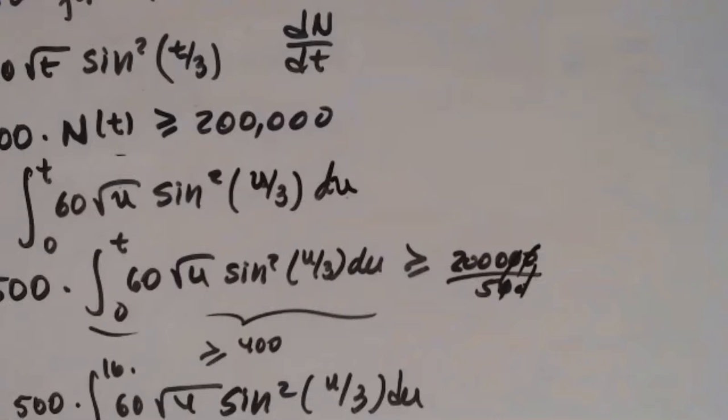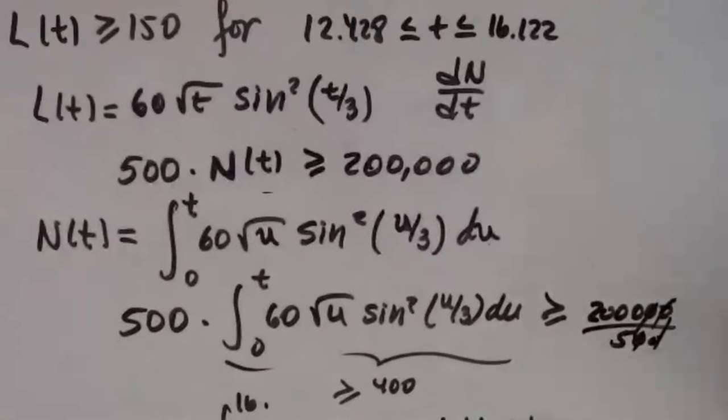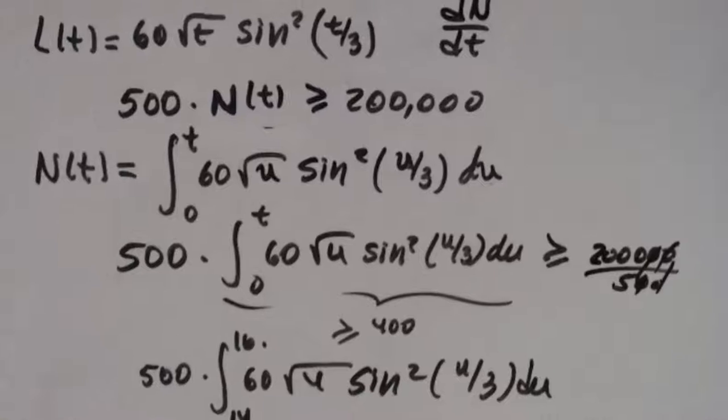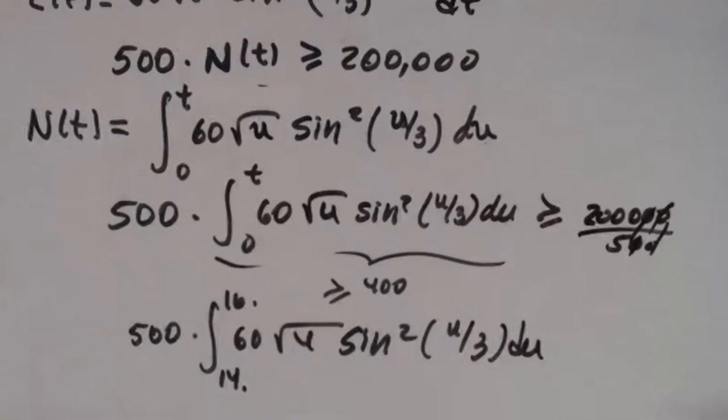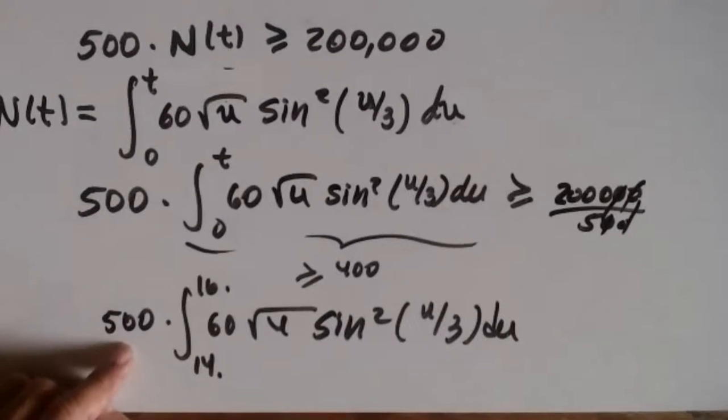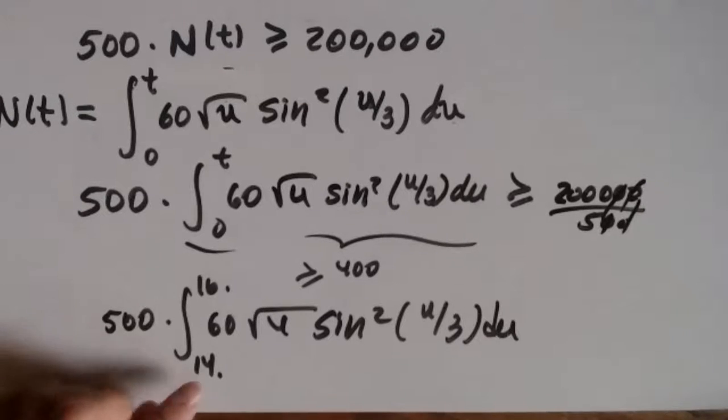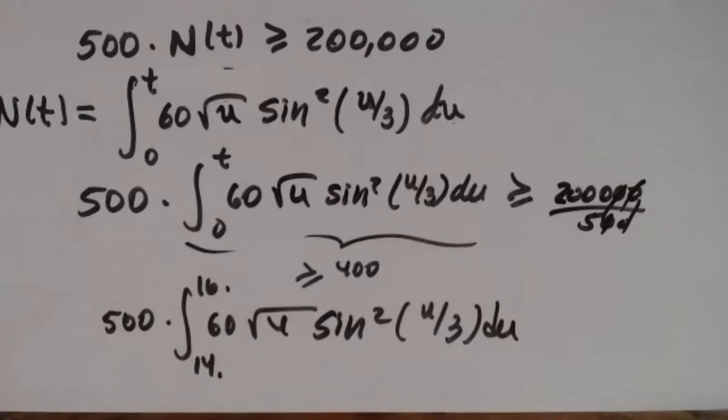I will try, one minute. Can you just put, from the time period 14 to 16 hours, the total number of cars times 500 is more than 200,000? Yes, it exceeded the 200,000 amount.